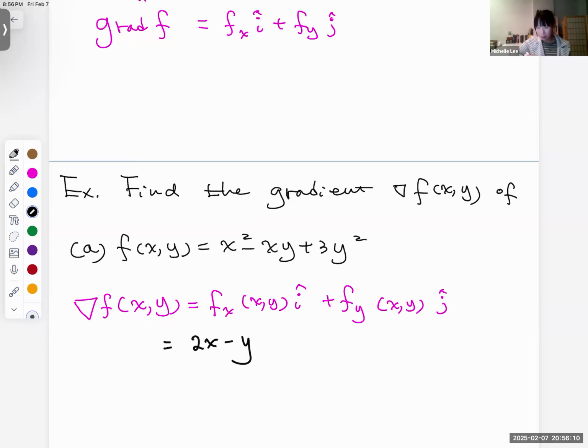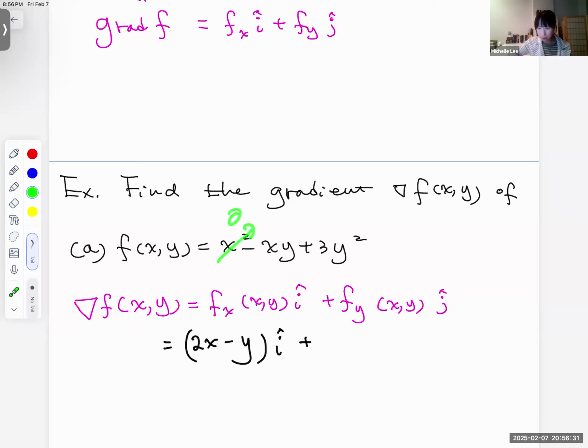And the third term is 0. And then we make a vector valued function. That's the formula, right? So that will be i hat plus partial derivative with respect to y.